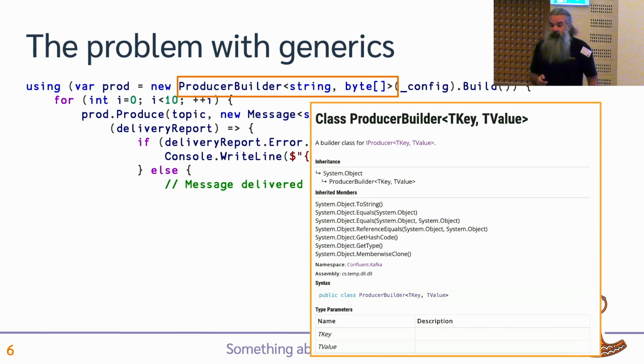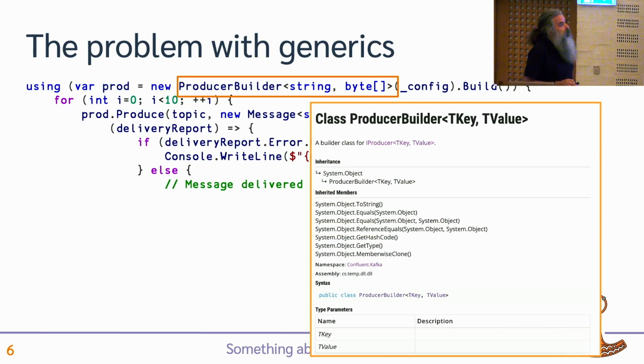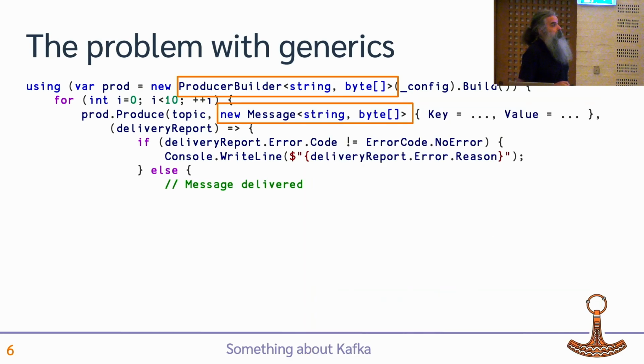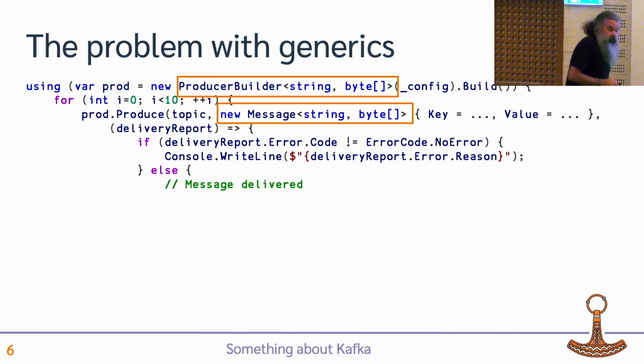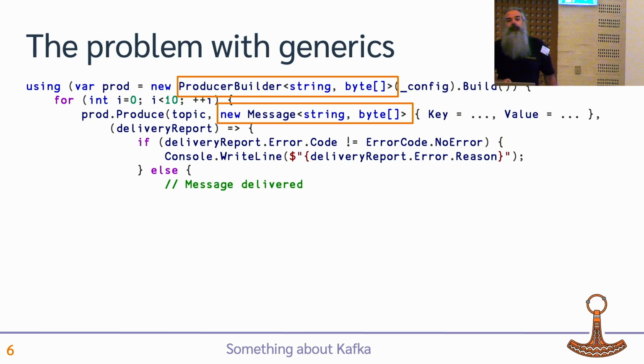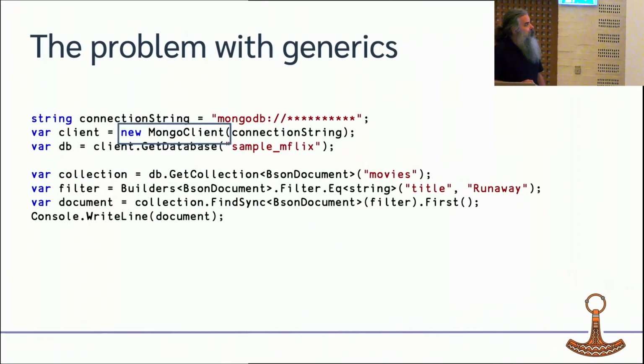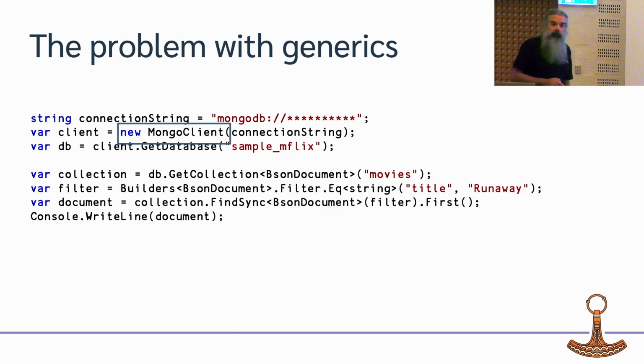So here's an example of a generic class that Stefan wanted to use. Here's another example of a generic class. I asked around amongst my colleagues at Dyalog to see if anyone else had any examples of generic things that they wanted to use. And Bjorn jumped up with an example of a Mongo database to query movies.